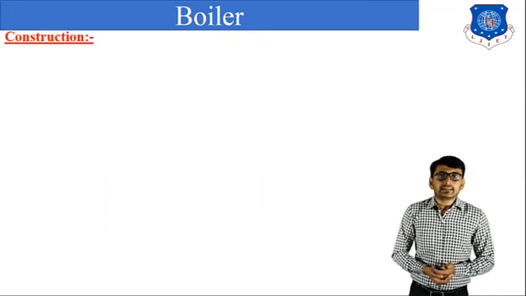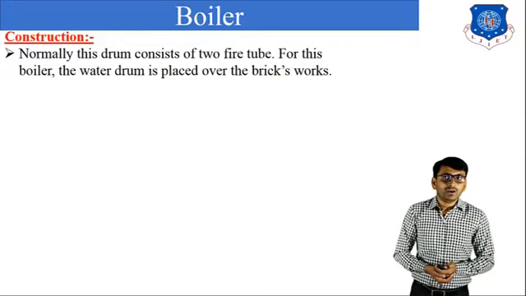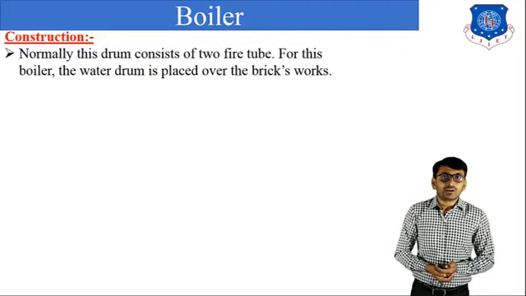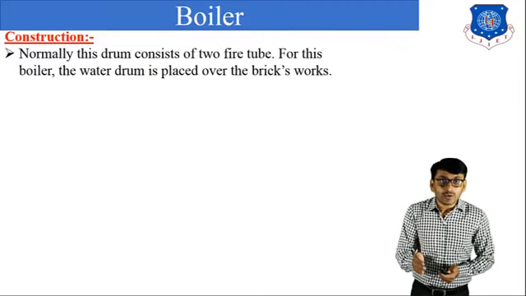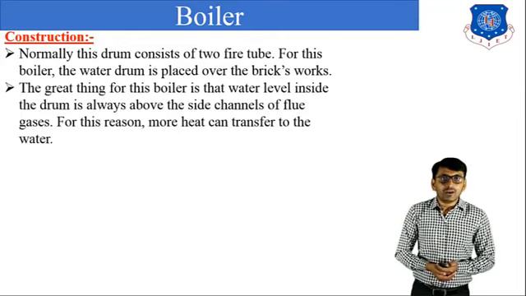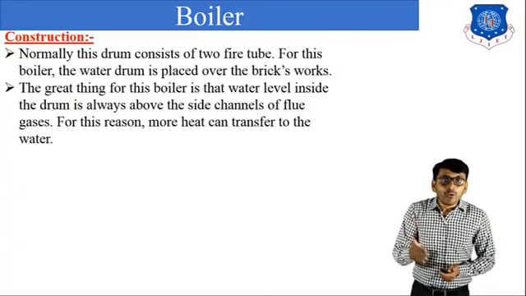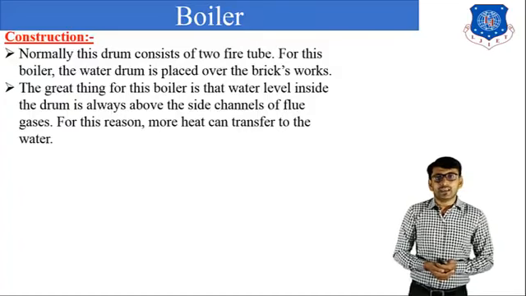Now we discuss the construction of the Lancashire boiler. Normally this drum consists of two fire tubes. For this boiler, the water drum is placed over the brickwork. The great thing for this boiler is that the water level inside the drum is always above the side channel of the flue gas.